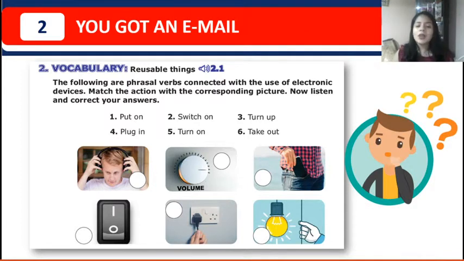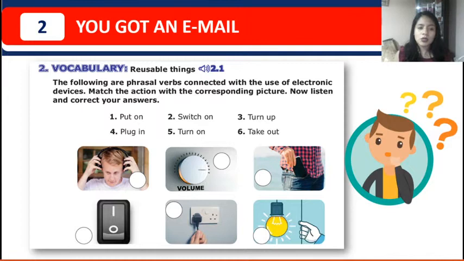So, what about number 1? In which picture do I have to put the number 1? We have 6 pictures. So please help me.